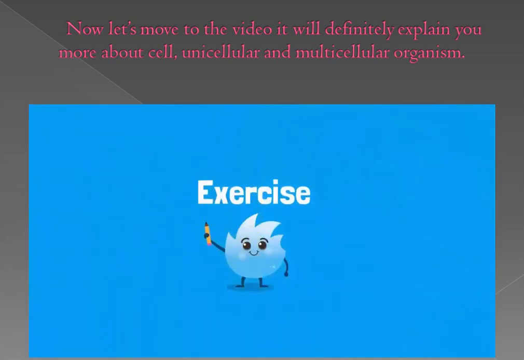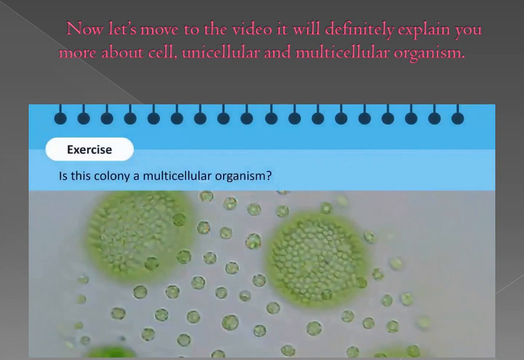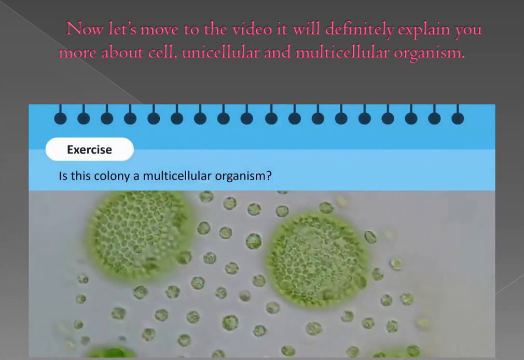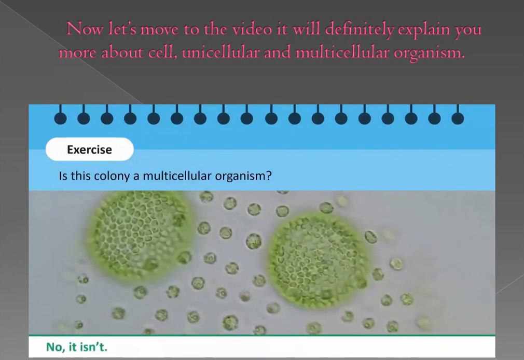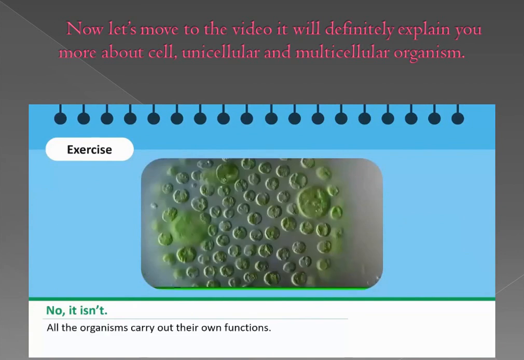Time for an exercise! If a group of unicellular organisms are living and working together as a colony, is this colony a multicellular organism? No, it isn't. A unicellular organism can carry out all life processes on its own. All the organisms in a group of unicellular organisms will be carrying out their own functions separately.